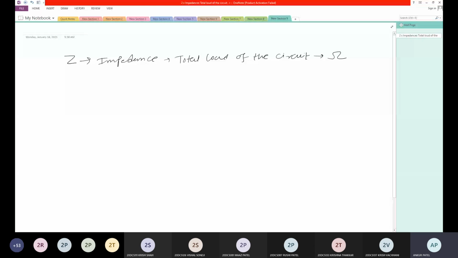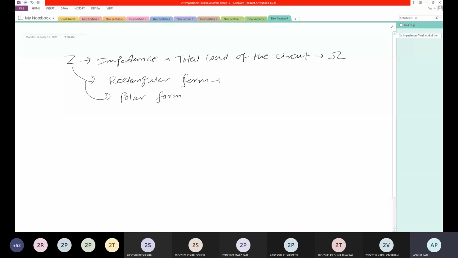According to the combination of loads, you can represent impedance in rectangular form or polar form.